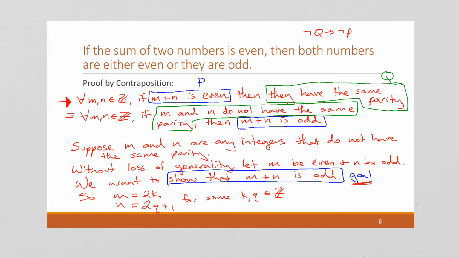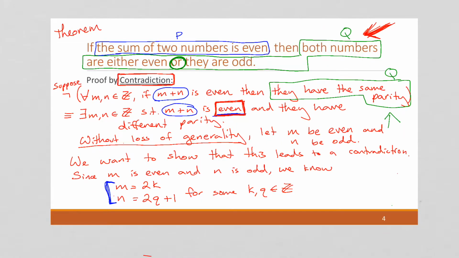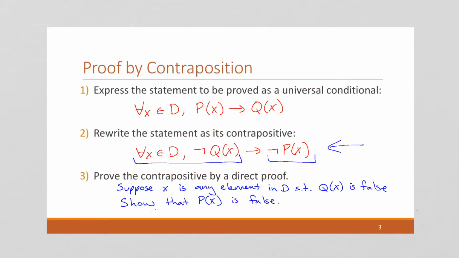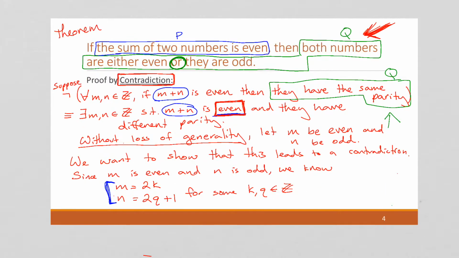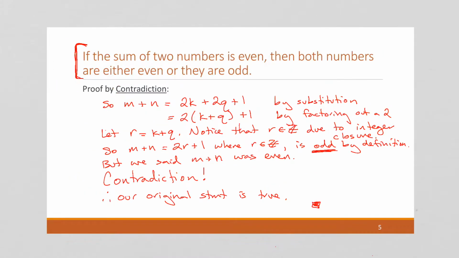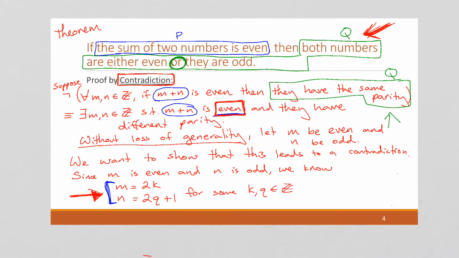Now, this should be ringing some bells with you, because this is really exactly what we did before, right? We supposed that m was equal to 2k, this is right here, down here in the corner, and n was equal to 2q plus 1, and we showed that the sum was odd, which in this case led to a contradiction, because we were trying to show that it was even.